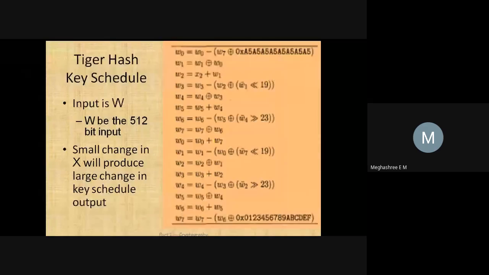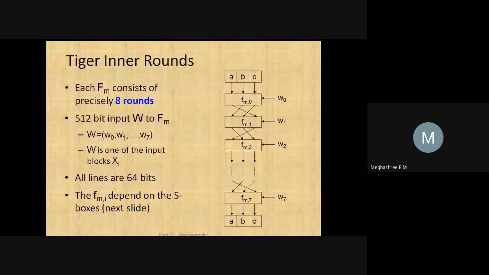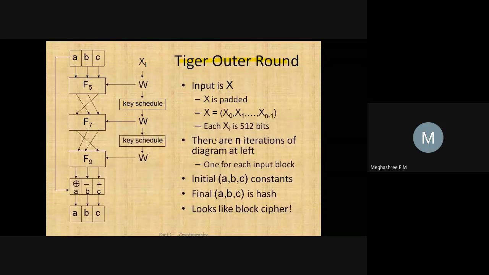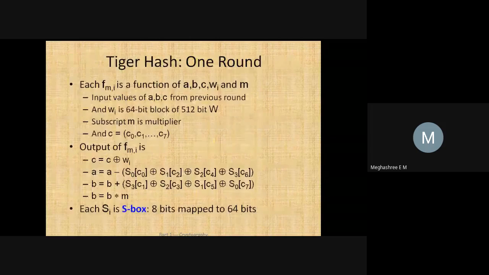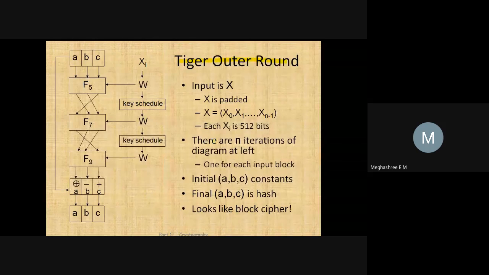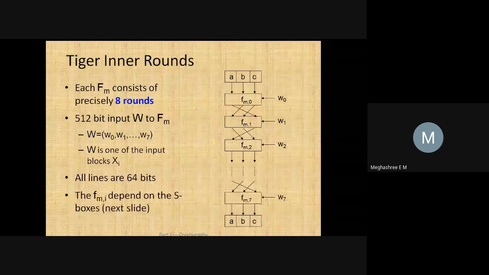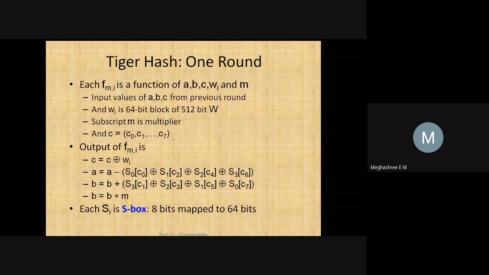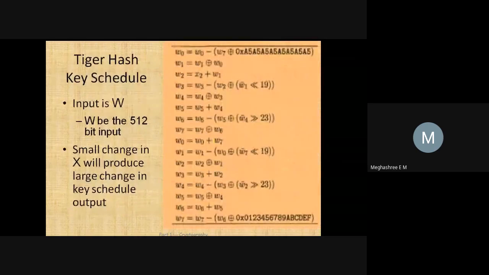Here we are going to discuss 4 important topics with respect to Tiger hash. In the Tiger hash function, all these 4 steps are followed. What are they? The outer round calculation, the inner round calculation, the S-box calculation, and the Tiger hash key schedule.